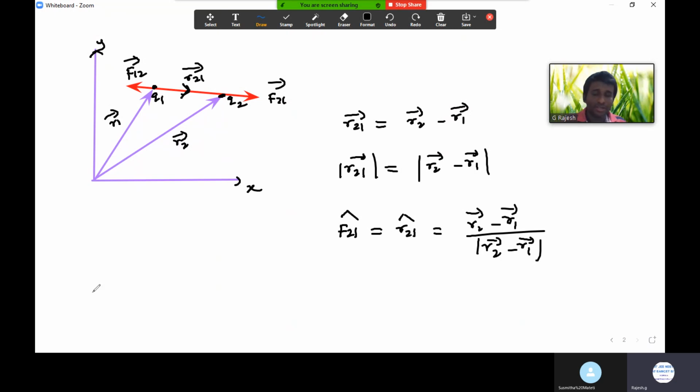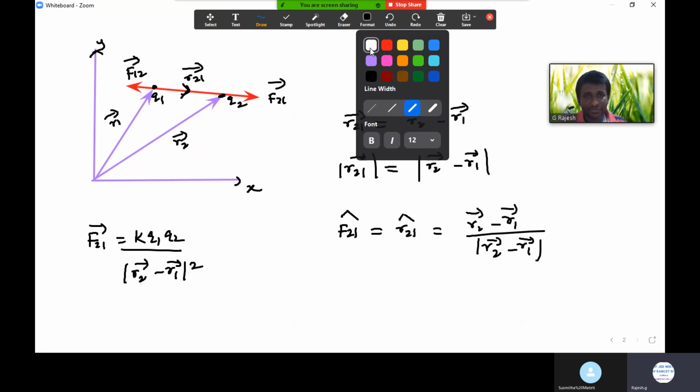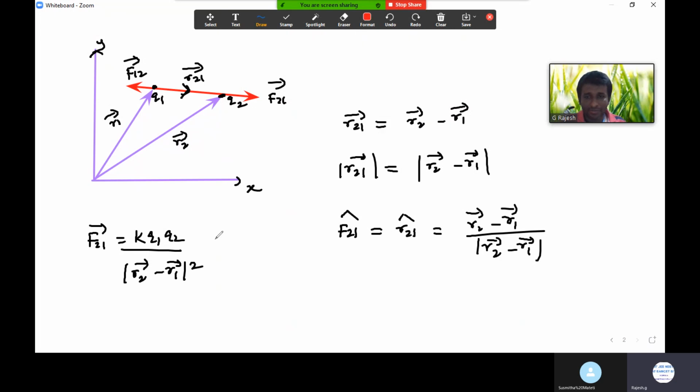So we already calculated the force, and I'm just replacing. F21 bar equals K Q1 Q2 by, what is the distance between Q1 and Q2? That is nothing but mod of R21 bar, that is R2 bar minus R1 bar whole square, into direction. What is the direction? Unit vector: R2 bar minus R1 bar by mod of R2 bar minus R1 bar.